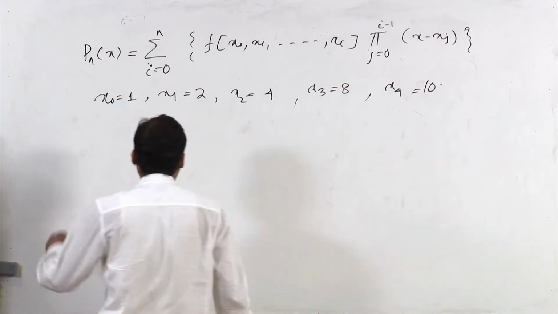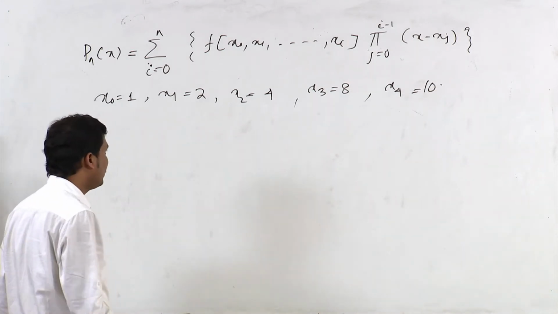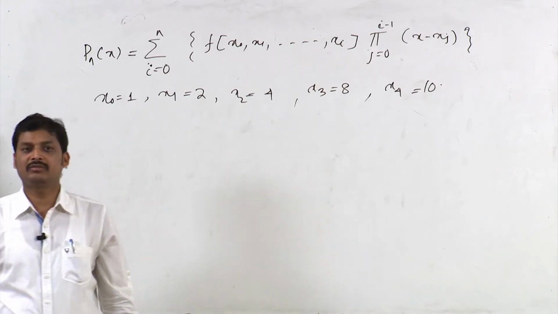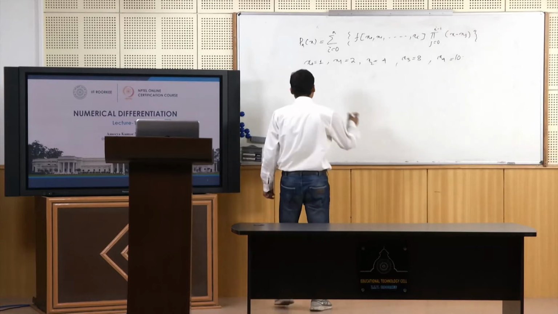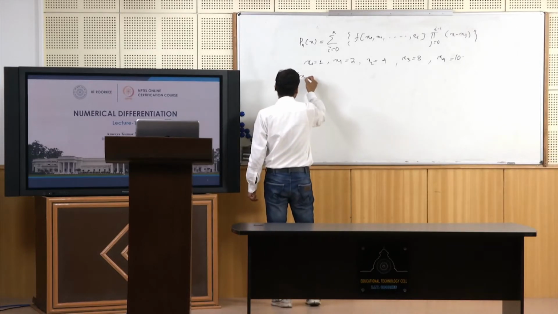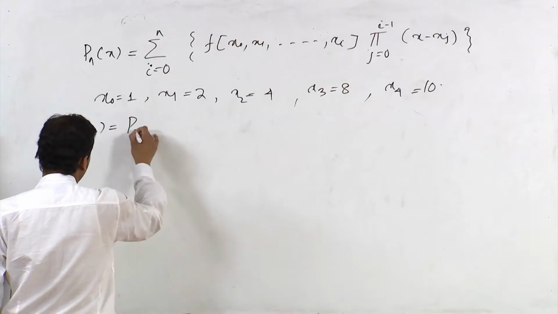Then we will have 5 points here, which can generate a polynomial of degree 4.